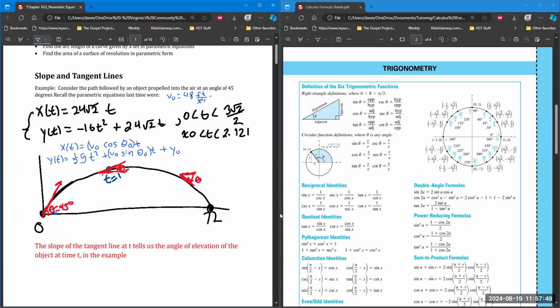I guess you could add x0 here as well. So usually we are starting at 0, 0.